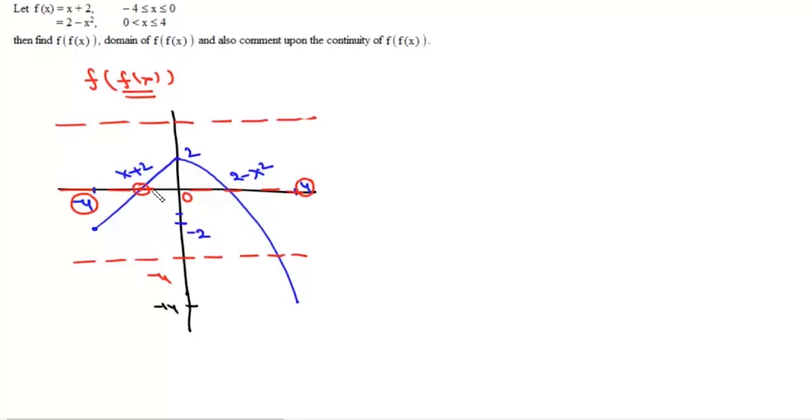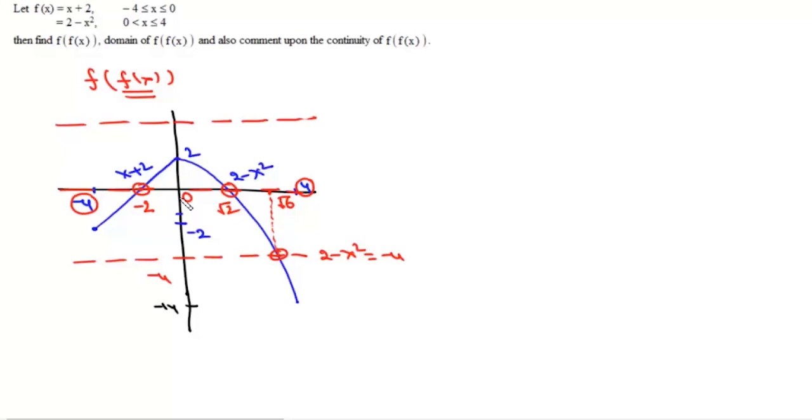So we have this point, we also have this point, and then we have this point. Now we find these points. If x plus 2 equals 0, this point is minus 2. If 2 minus x square is equal to 0, then this point is root 2. And here this point is the intersection of this graph, which is 2 minus x square, with this line, which is minus 4. So this point is actually root 6.